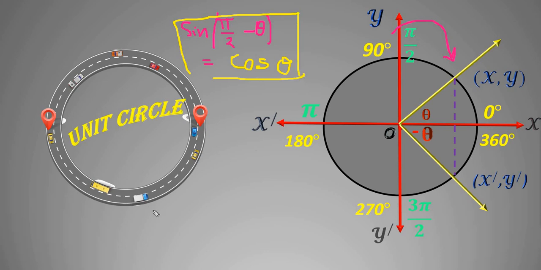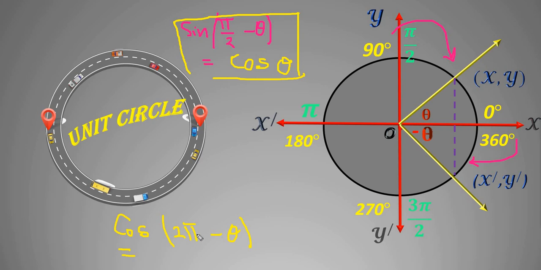How about cosine of 2 pi minus theta? Cosine of 2 pi minus theta equals cosine theta. Why? 2 pi minus theta is in the fourth quadrant, and cosine in the fourth quadrant is positive.